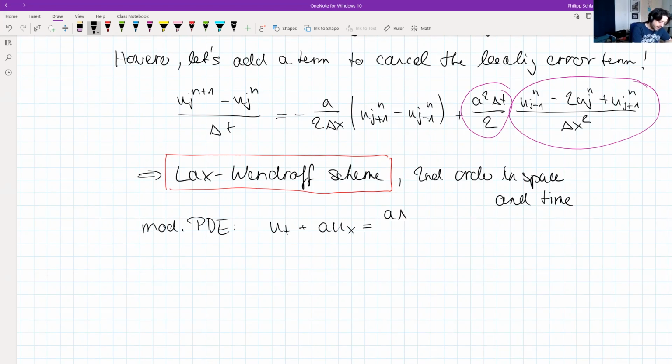And then we have a times delta x squared divided by 6, and then sigma squared minus 1 times u_xxx, so the third derivative. And then you have some higher order terms. Sigma is the same definition as before, a times delta t divided by delta x. And this is stable for sigma lower or equal 1.